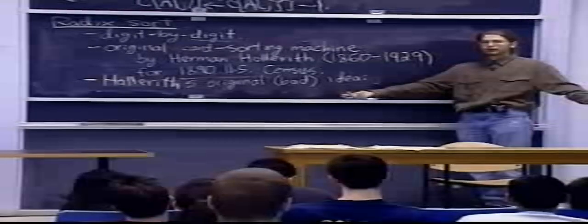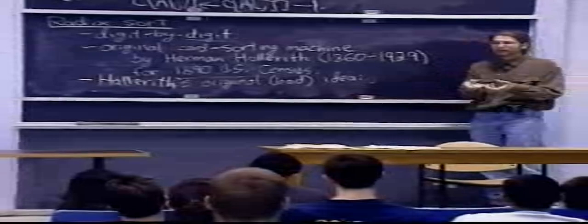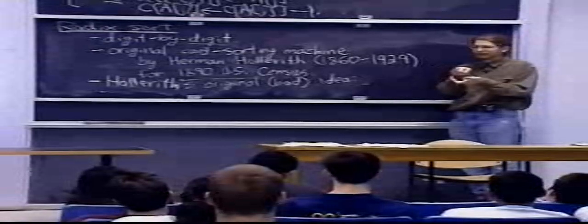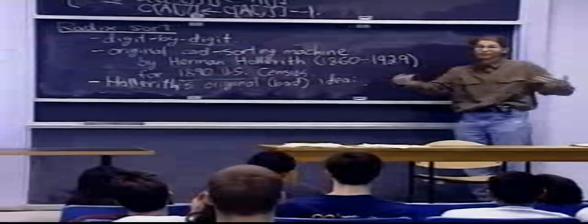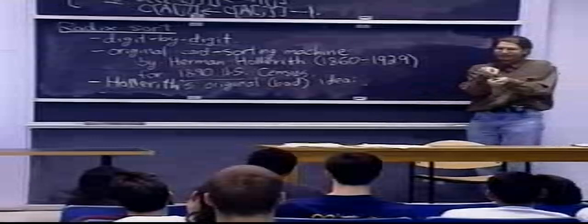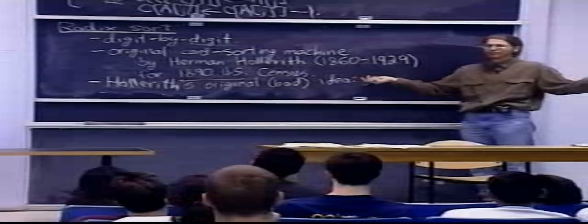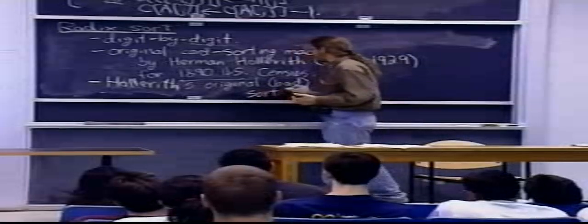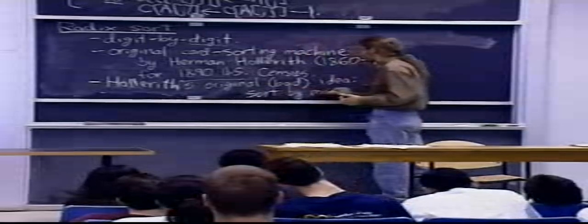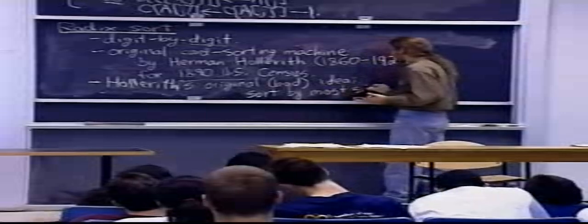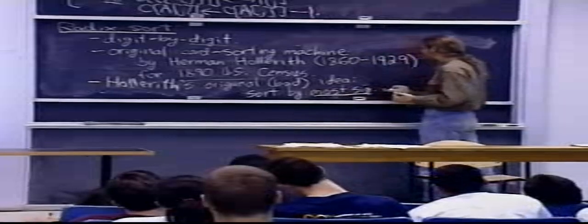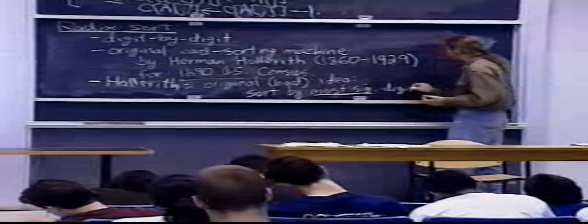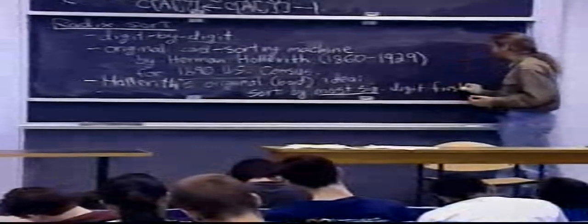That gives you a bunch of piles. Then you take each pile and you sort by the second digit. And that gives you more piles, and then you sort each of those piles by the third digit. And you get lots of piles, and this is sort of annoying. So if you sort by the most significant digit first, that's a pain.